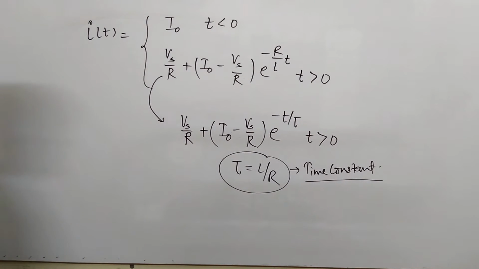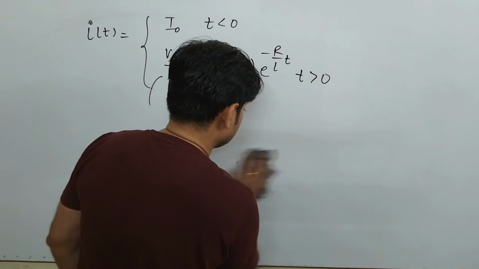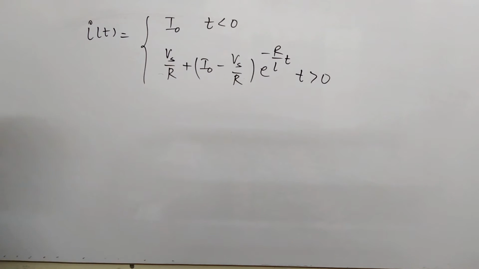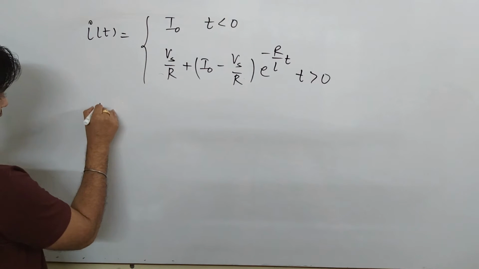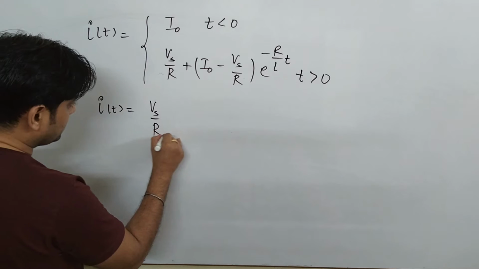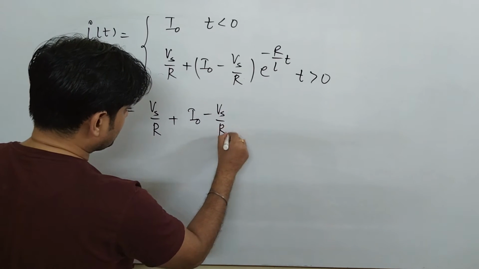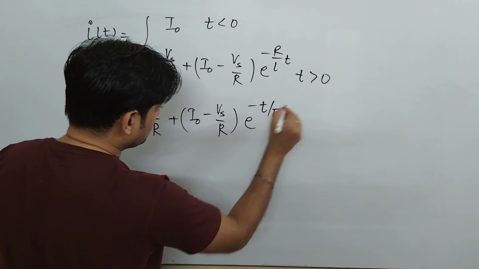Now if we again analyze this equation, as we have done in the capacitor, so you can say that I(t) is basically Vs by R plus (I naught minus Vs by R) e to the power minus t by tau.